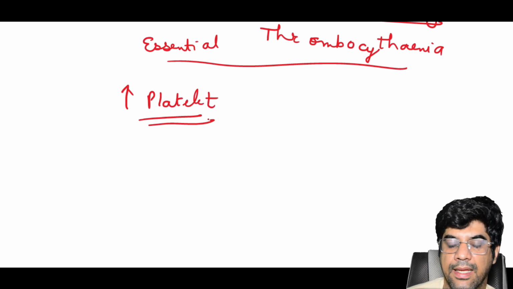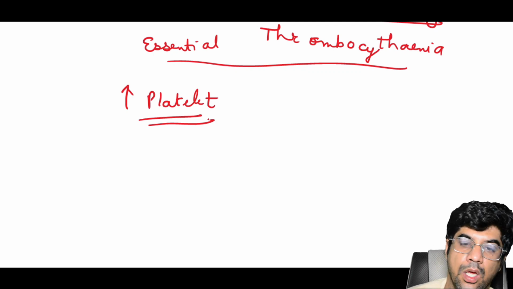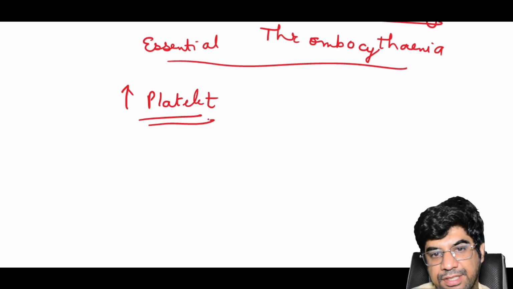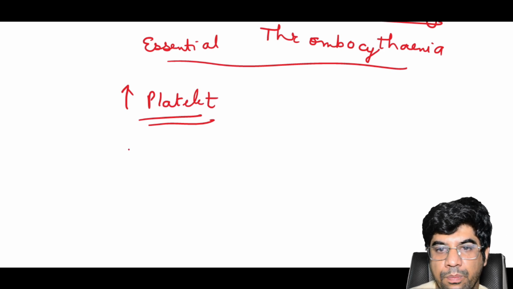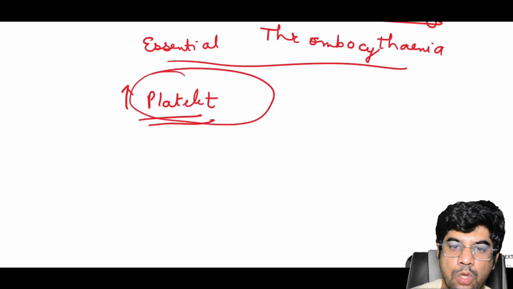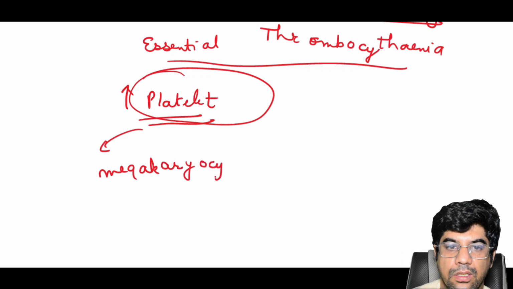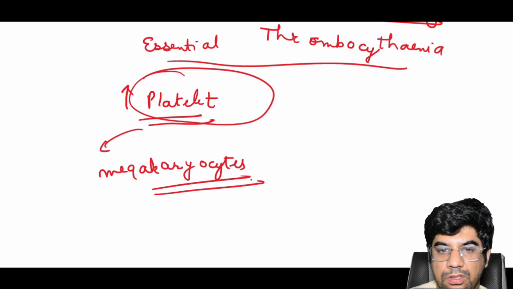Unlike in case of reactive thrombocytosis that occurs in response to stimuli like chronic infection, hemorrhage, post-operative stage, chronic iron deficiency, malignancy, rheumatoid arthritis, this essential thrombocythemia is due to the overproduction of the platelets from the megakaryocyte colonies without any stimulus.